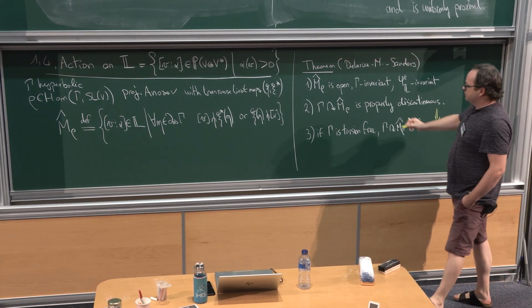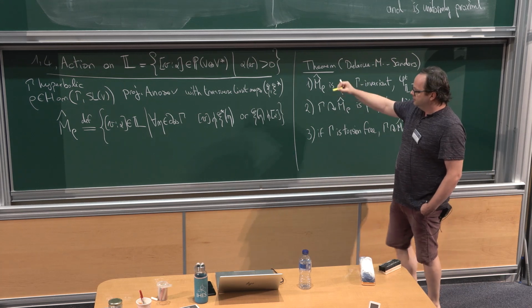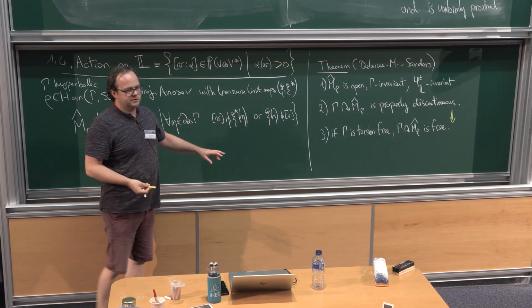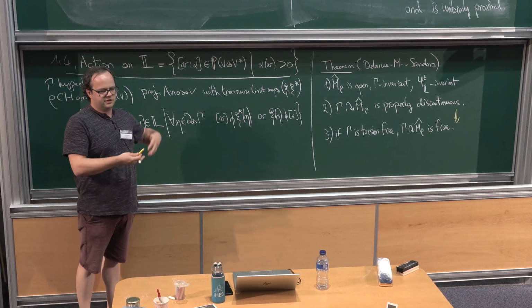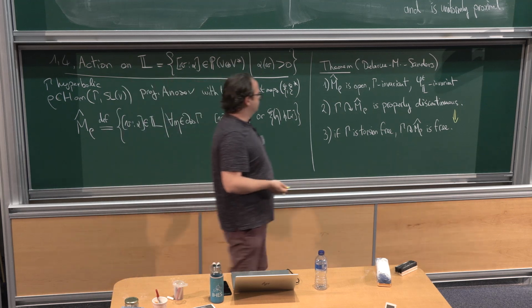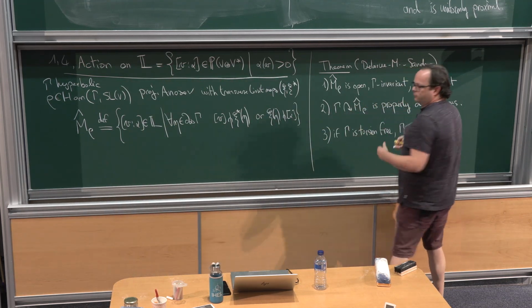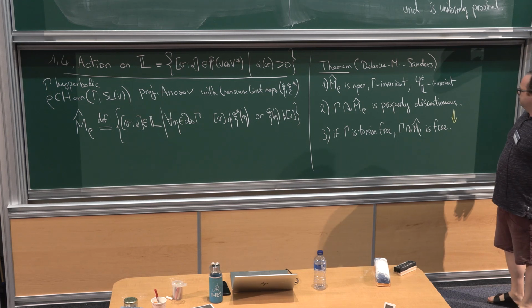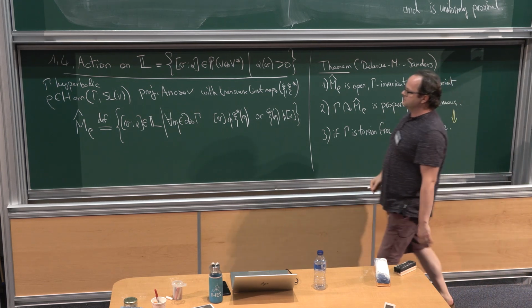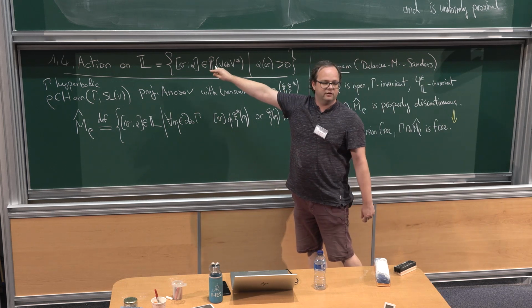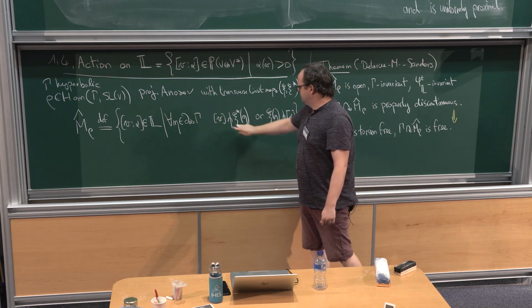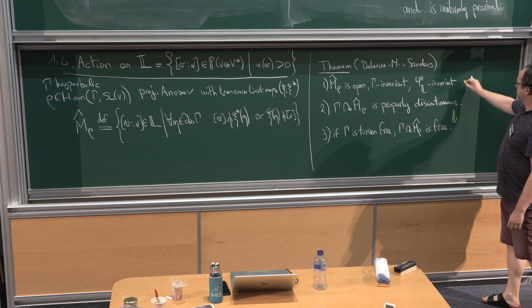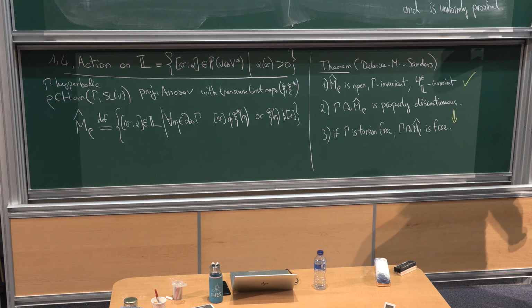Also, M rho hat is open because it's an intersection of open sets, maybe not a finite intersection, but a compact intersection, so that stays open. Invariance is just the equivariance of your transverse limit maps. And for the flow invariance, the flow was just multiplying v by some number and alpha by some other number, but since the condition only depends on their classes in the projective spaces, this is pretty straightforward.